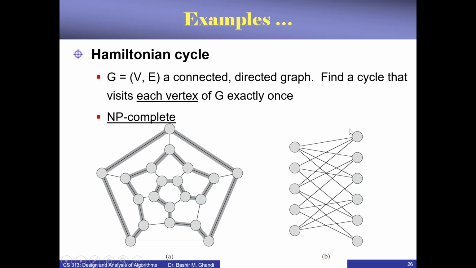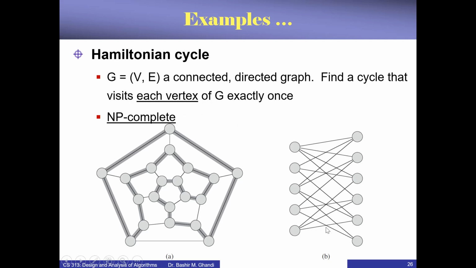But if it is odd, you will never be able to come back. Therefore there will never be a Hamiltonian cycle for a bipartite graph that has an odd number of vertices. If it is even, then maybe you can have a Hamiltonian cycle. But if it is odd, then definitely you will not be able to have one. In any case, the main point is that Hamiltonian cycle is NP-complete.